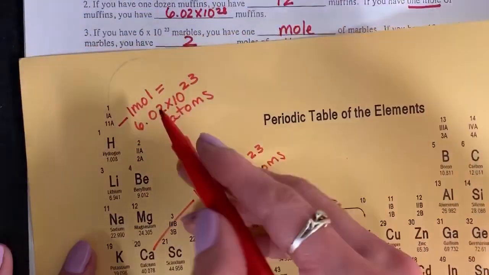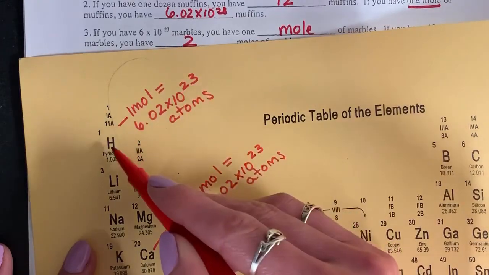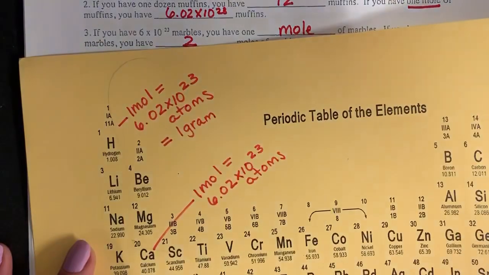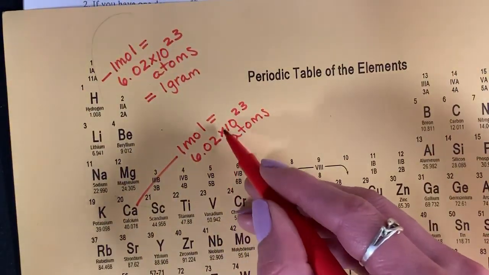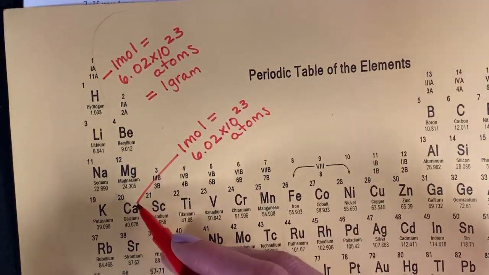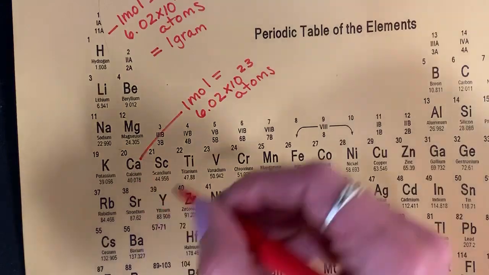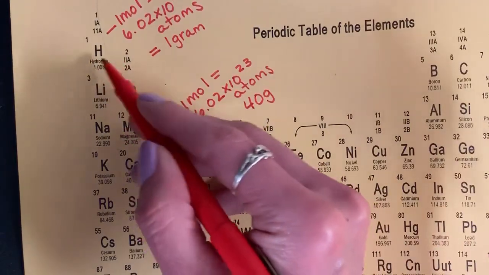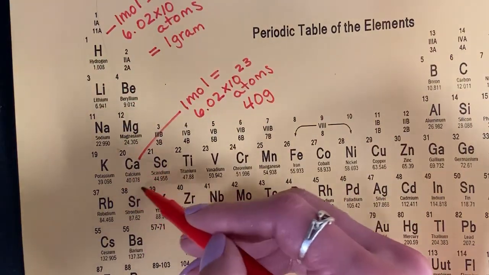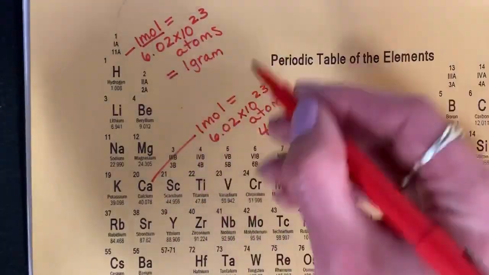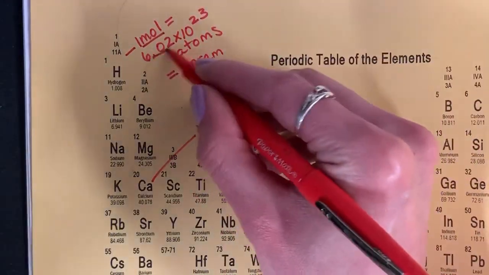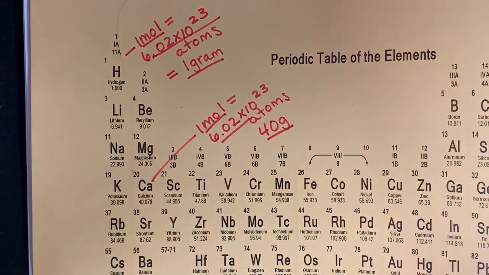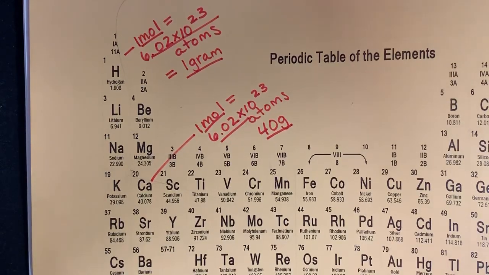But these 6.02 times 10 to the 23rd atoms of hydrogen only weigh 1 gram. The 6.02 times 10 to the 23rd atoms of calcium, they're gonna weigh 40 grams. My calcium is way bigger than the hydrogen atoms. Because they're bigger, they weigh more. Same number of moles, same number of atoms, but they have different molar masses because the atoms have different sizes.